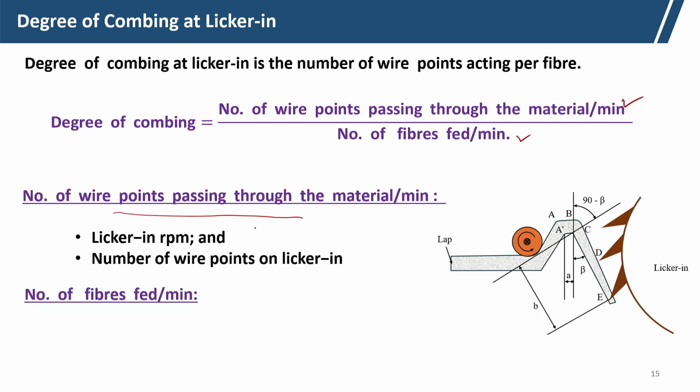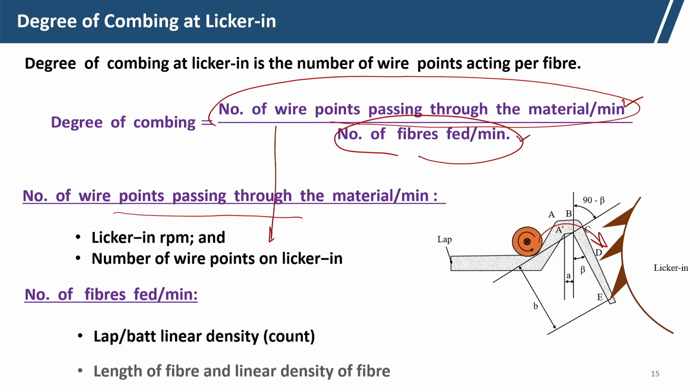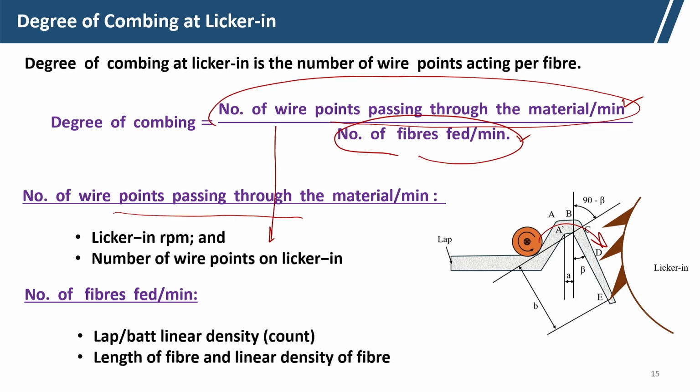So, the numerator is affected by these two parameters, which we can control. The number of fibers fed per minute, that means how many fibers we are feeding per minute, depends on the fiber denier or thickness of the lap. If the lap or bat linear density is high, then the number of fibers will be more, and the length or linear density of the fiber is also important.